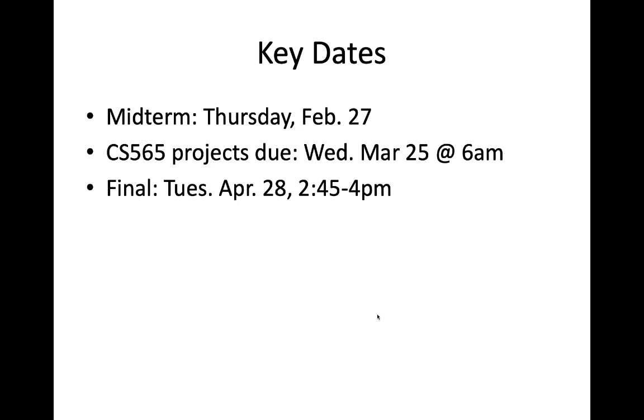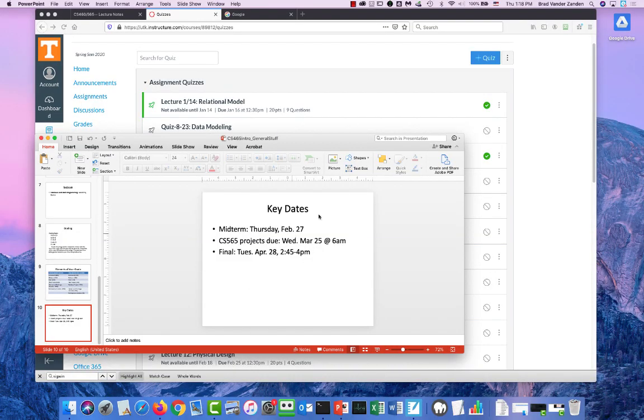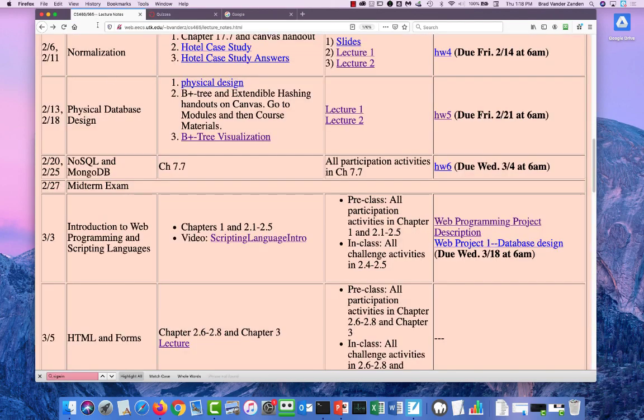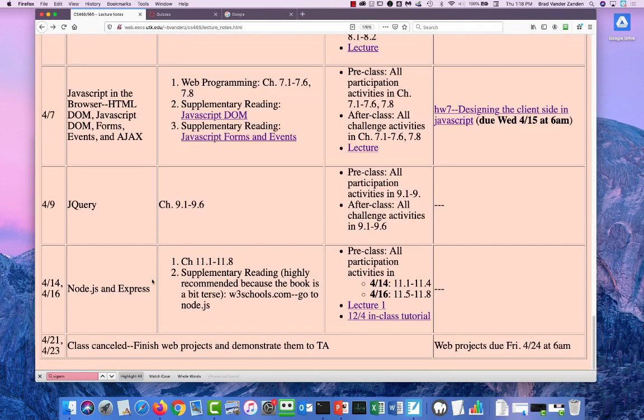So those are the key dates, plus I really should have added a key date for when the web projects are due. They are due on Friday, February 24th at 6 a.m. So really Thursday evening, the 23rd.